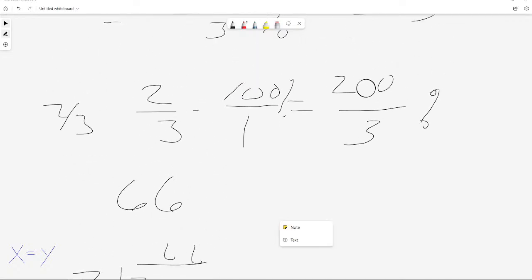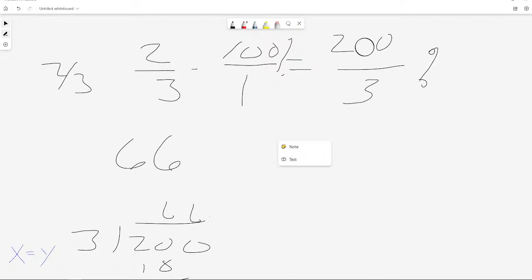So that's right. I think there's a mistake in the book here. You would end up with... Actually, you do that. And then you could just round up.